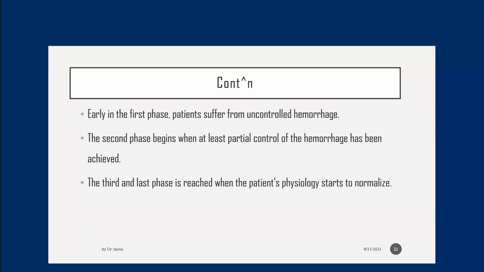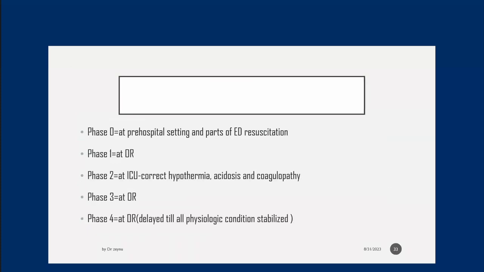So early in the first phase, patients suffer from uncontrolled hemorrhage. The second phase begins when at least partial hemostasis has been achieved in the OR. And the third and last phase is when the patient's physiology starts to normalize. So as we discussed, phase 0 is the peri-hospital setting and part of the ED, and then they go to the OR.